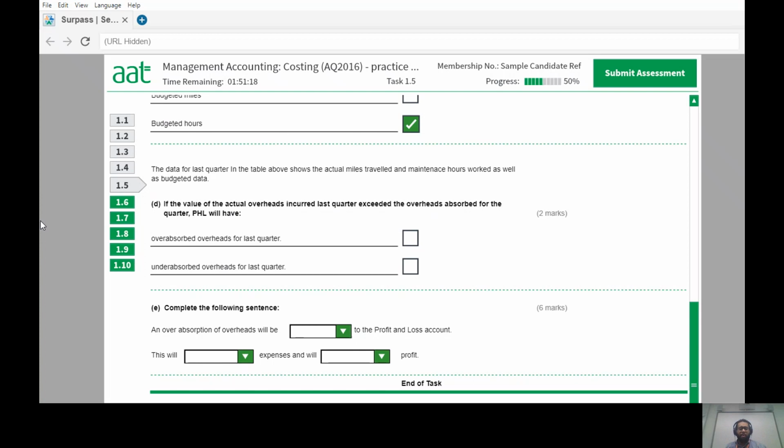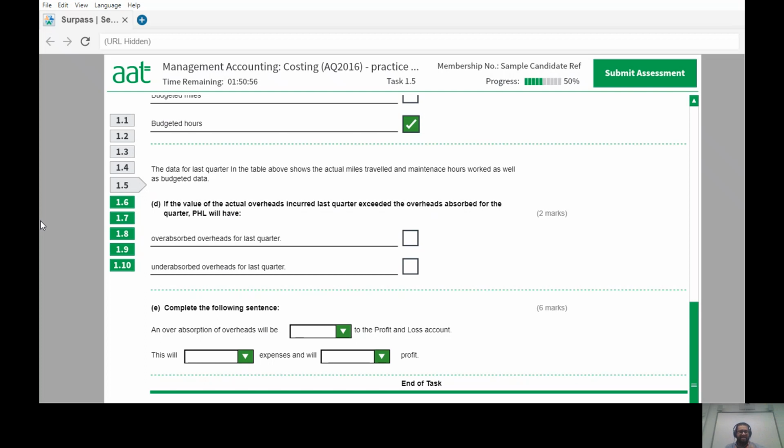So the question you may always ask: if I say I absorbed £1,000 worth of cost and my overhead is higher than that £1,000 absorbed cost, it means we have under absorbed, because we absorb lower than our actual cost.